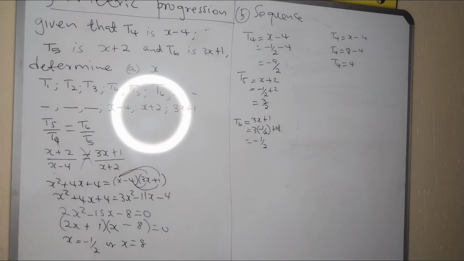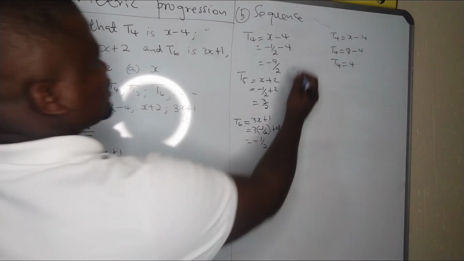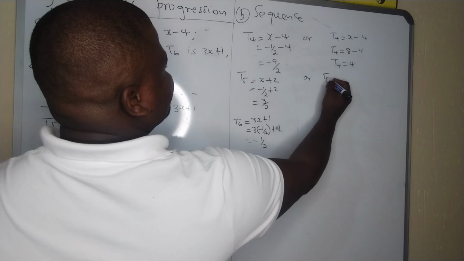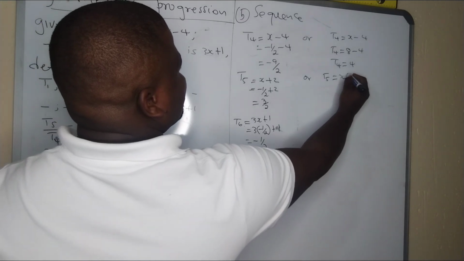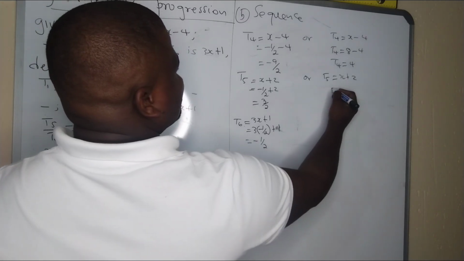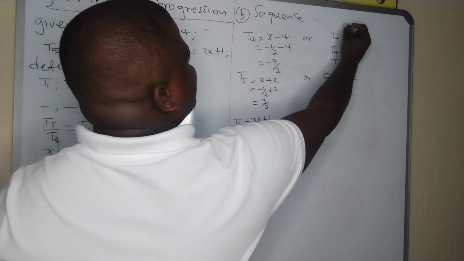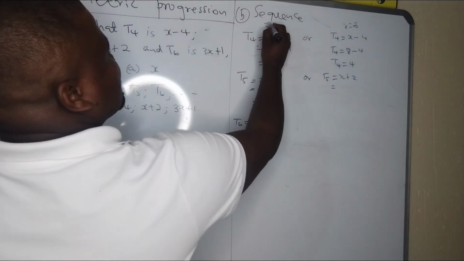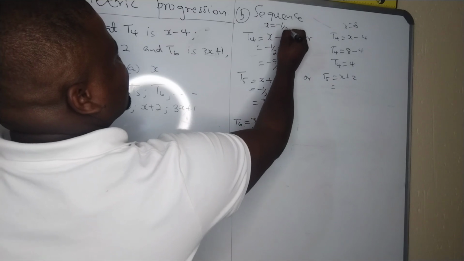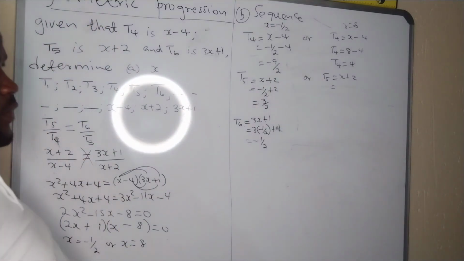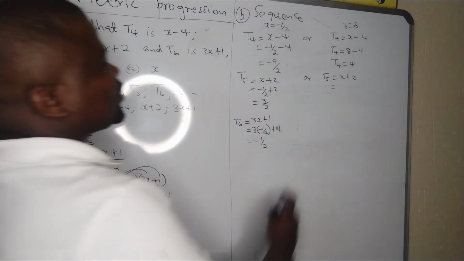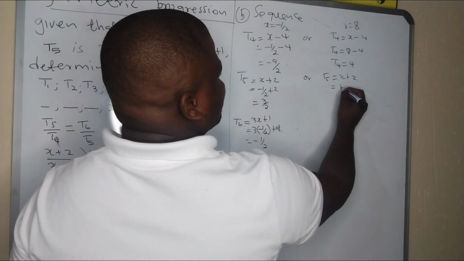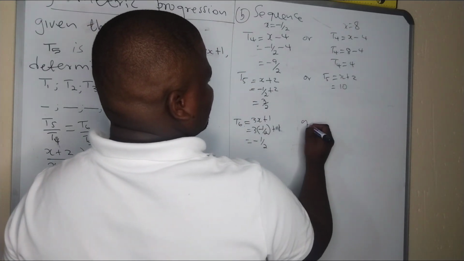You can also do the other side. This is T5, which is x plus 2. Here we are substituting x equals 8. When I put 8 here, this answer will be 10.